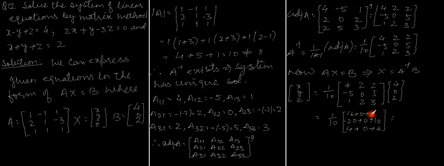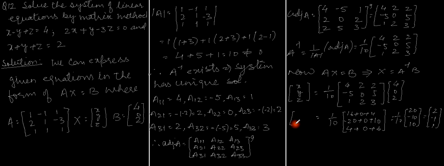So it is coming 20, minus 10 and plus 10. Dividing by 10, finally it comes 2, minus 1 and plus 1.